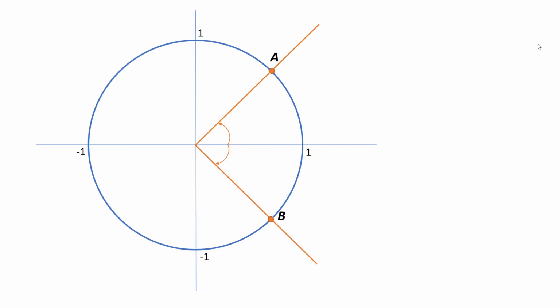Well, you can argue that point A is actually the 45 degrees angle. And the argument can look like, well, that's what we did so far, and you'll be right, but it's not really a very good argument.